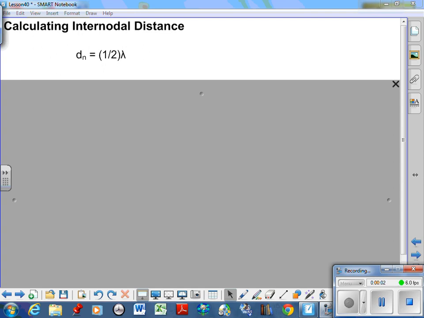Okay, we pick the second half of this lesson up when we want to calculate internodal distance. So, here's your formula for calculating internodal distance. Basically, you're just looking at half lambda, where for a standing wave, where does that node occur?